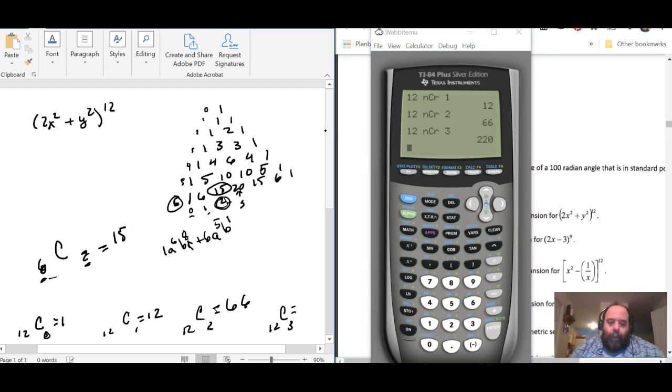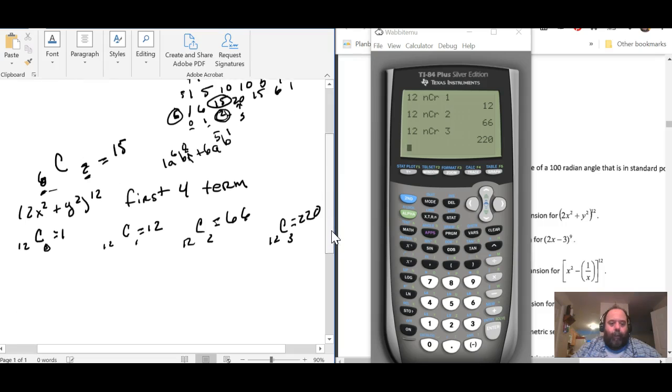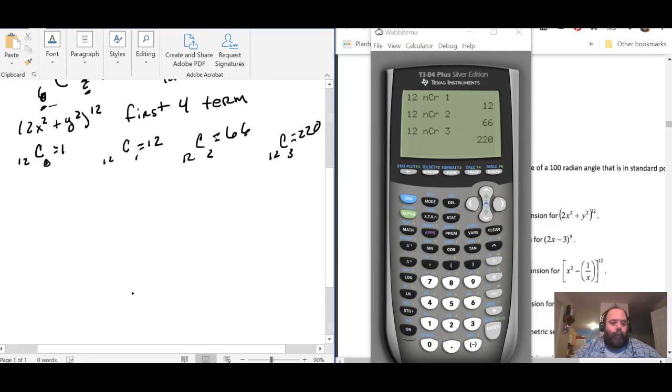Okay, so you could work out the whole Pascal expansion for this, but that seems like a lot of work. All right, so I'm going to write this back here. Remember, we're trying to expand (2x² + y²) to the 12th, and we want the first 4 terms. I'm going to scroll down a little bit here and get myself some more room to work.